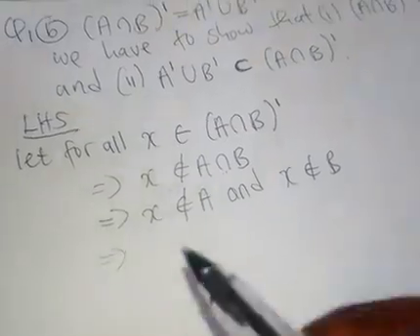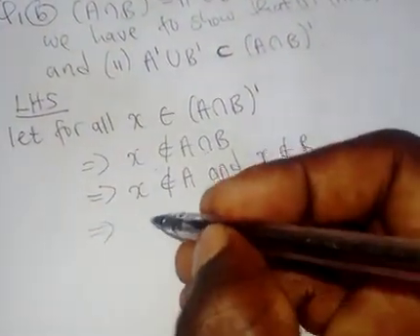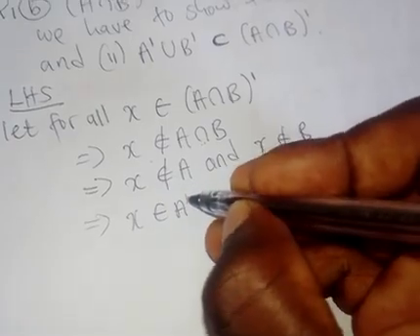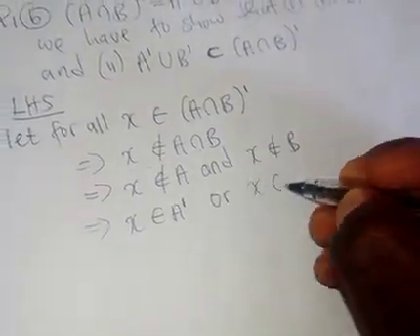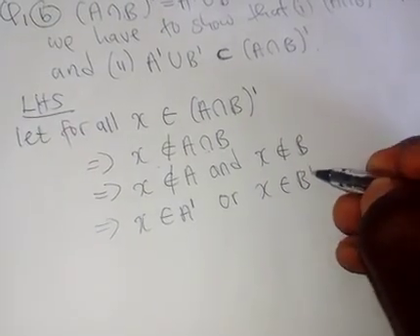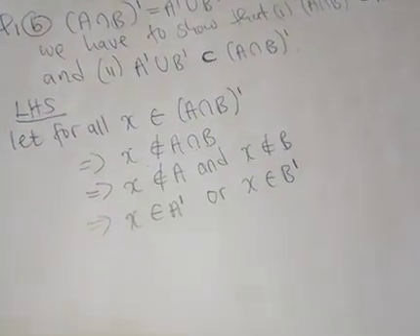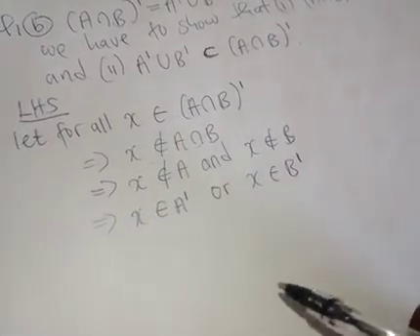Then this will imply that since x is not a member of A, meaning that what? X is a member of A complement, then "and" changes to "or", x is a member of B complement, since x is not a member of B, meaning it's found outside B. Therefore we say B complement.